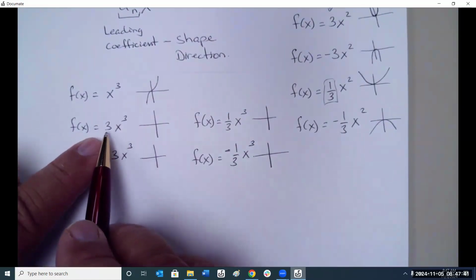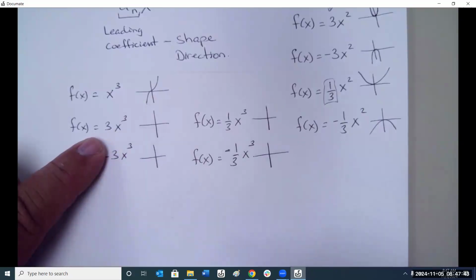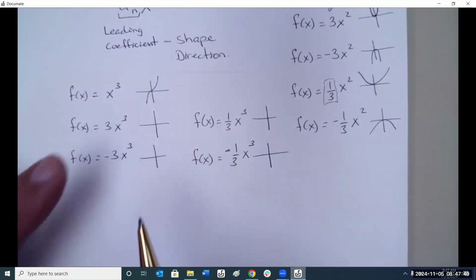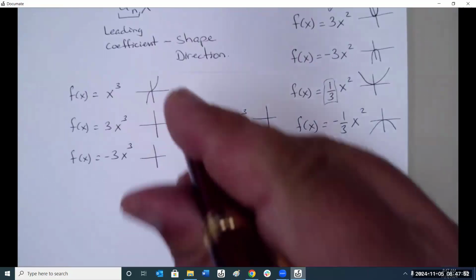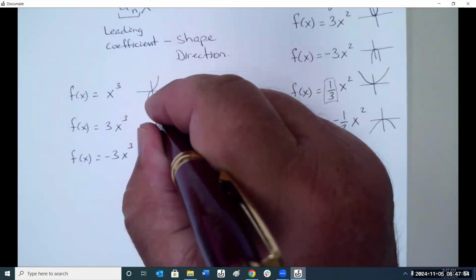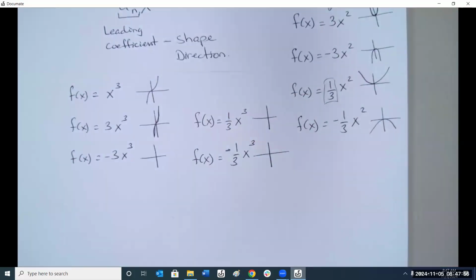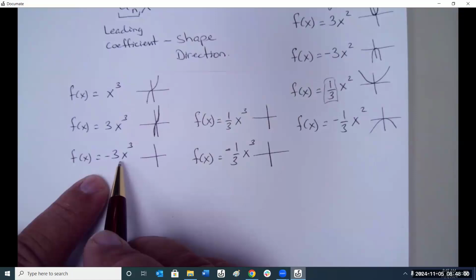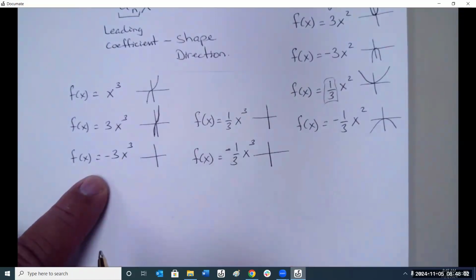So what is this first one, 3x cubed, going to look like? Well, it's going to stretch it out, so it's going to be a lot skinnier. Negative 3x cubed. What's going to happen there?